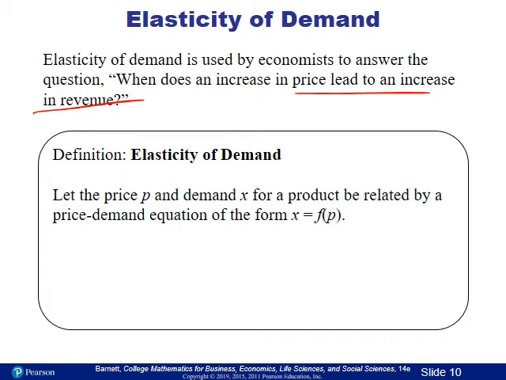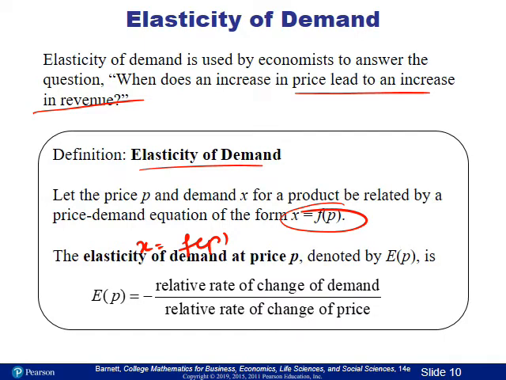So for the elasticity of demand, let price P and demand X of a product be related with this formula, x equals f of p. Then the elasticity of demand at price p will be denoted by this: minus the relative rate of change of the demand. We have just seen how to find relative rate of change. Relative rate of change means f dash of x over f of x, divided by the relative rate of change of price.